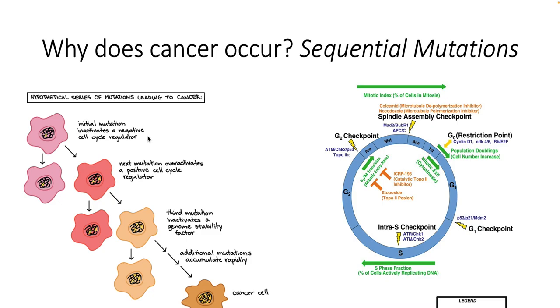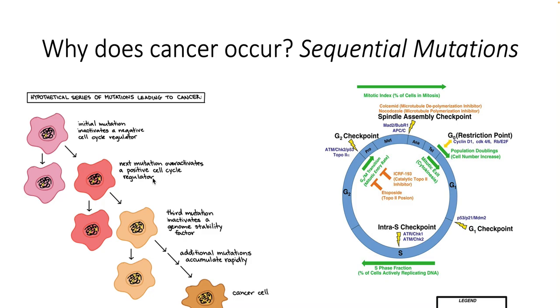And when you inactivate that, that means you're telling the cell to grow and divide. But because it's just inactivated, these signals of telling the cell to grow and divide aren't perfectly timed. They're always on. And so that means the cell's always going to be growing and dividing.